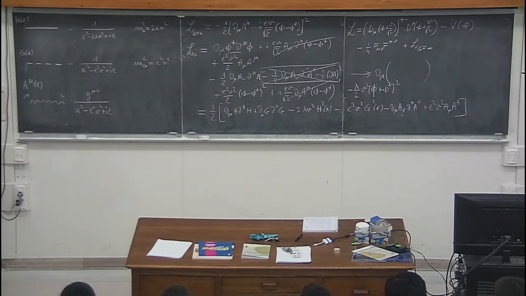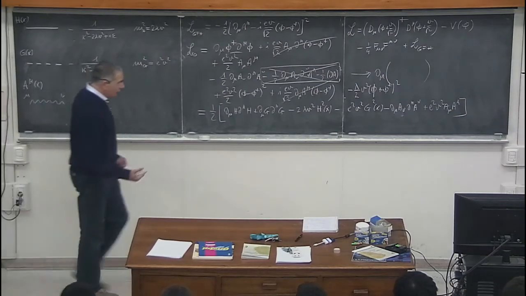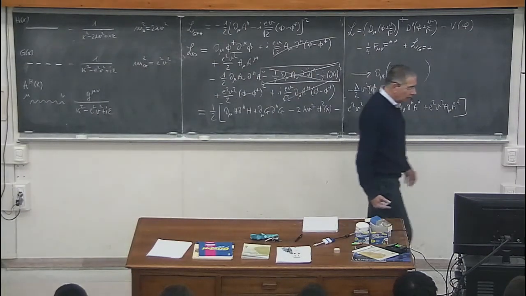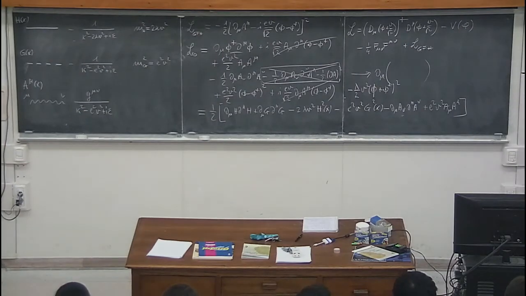So the Goldstone boson is massive as a consequence of the fact that this is not the breaking of a global symmetry, but the breaking of a local symmetry. And the Goldstone boson, which would be massless in the case of spontaneous breaking of a global symmetry, here has a mass.